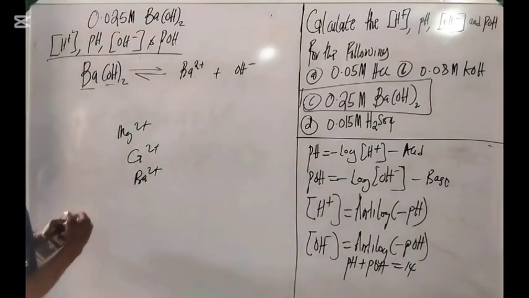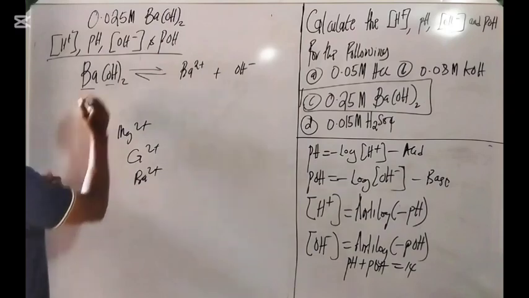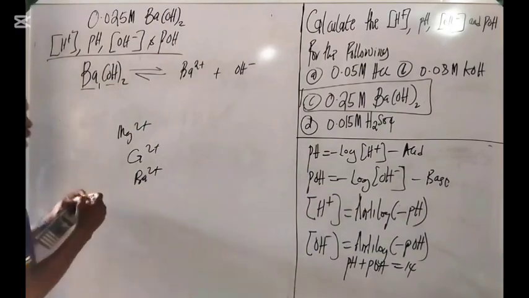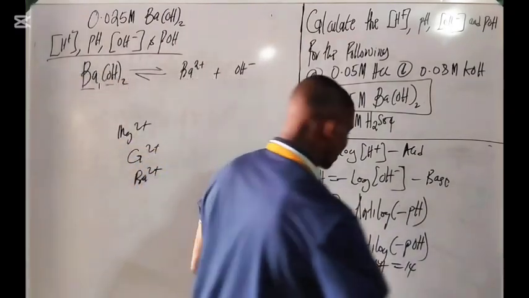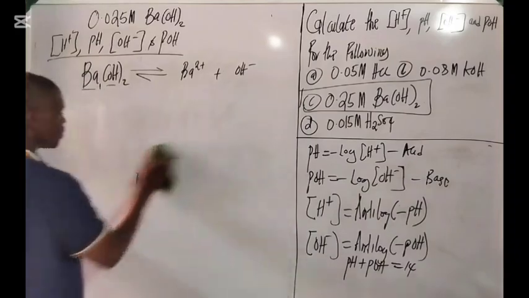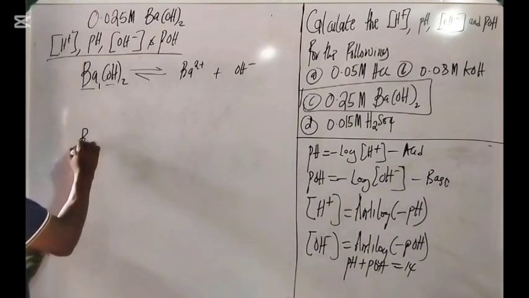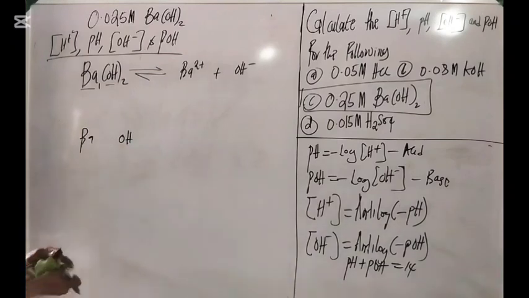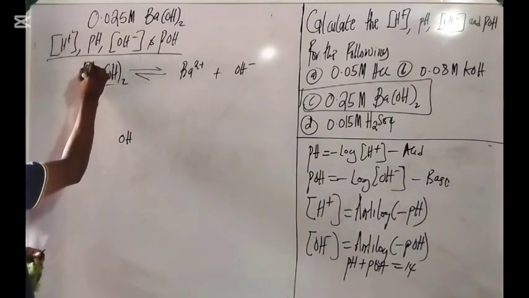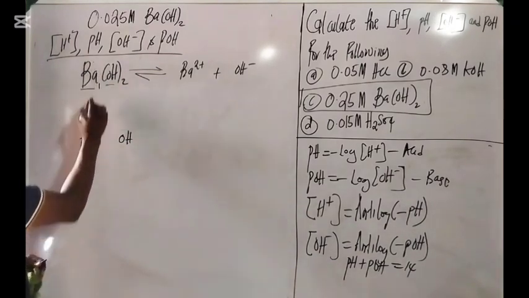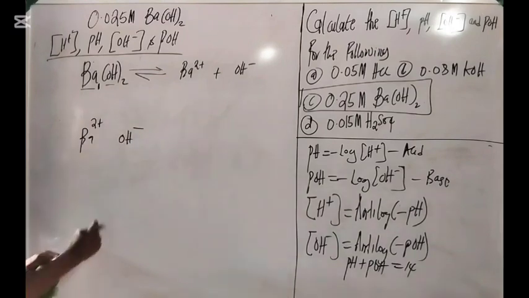Remember, there's one here and there's two here, right? In writing ionic compounds, if you split this into two, we have Ba and OH. The Ba belongs to the 2 plus, and the OH belongs to the minus. You understand?